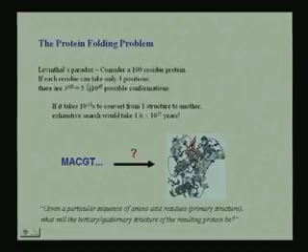Now, the protein folds into one single structure. As I showed you on the first day itself when we looked at ribonuclease A, that is the only structure it folds into.